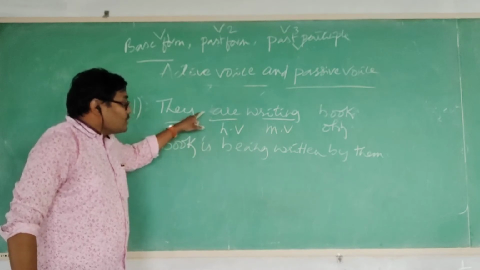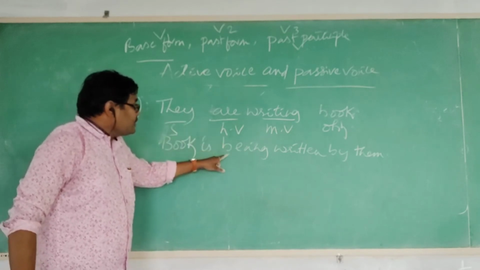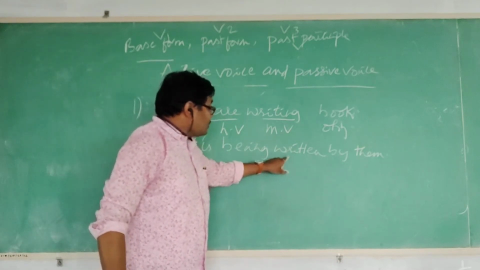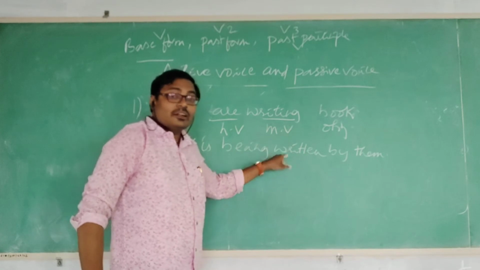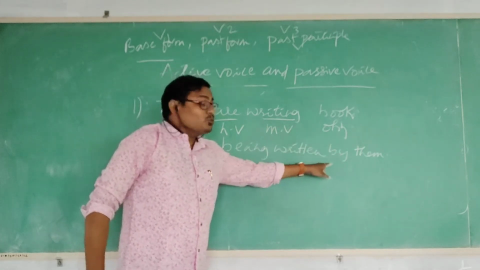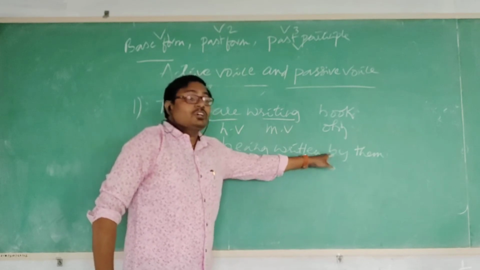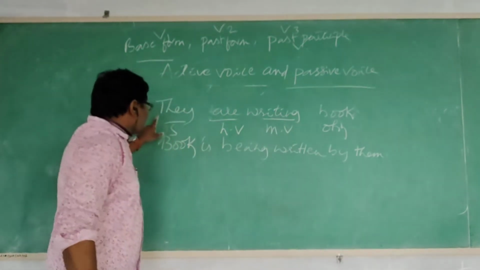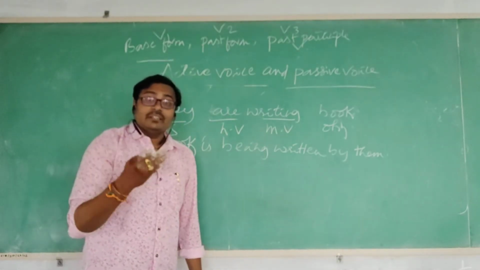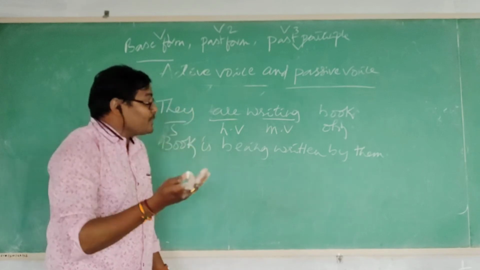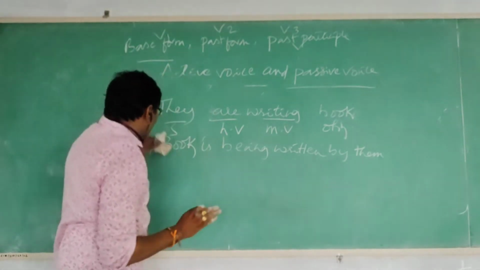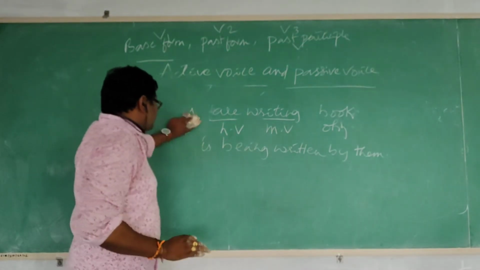Since it is in ing form, we have to write being. And we have to write verb 3 of write: write, wrote, written. That's why we write written, and we use the preposition by, and the last one is they became them. This is the way we can convert an active voice into passive voice when a sentence is in present continuous tense. Now let us see another example.